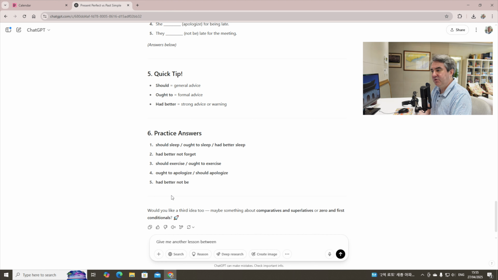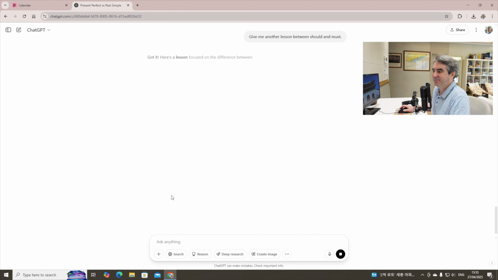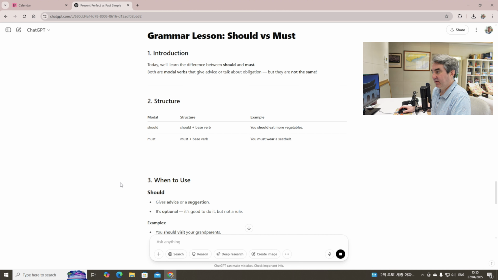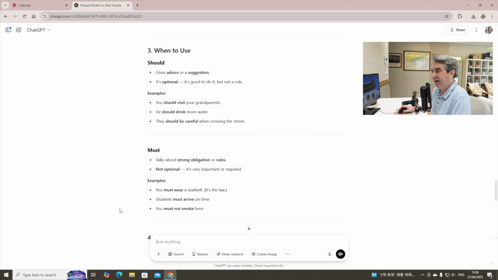between should and must. Okay, should: you should eat more; must: you must wear a seatbelt. So they're not the same, of course. And I'm going to go down. When to use: should gives advice or a suggestion. It's optional, you don't need to do it.